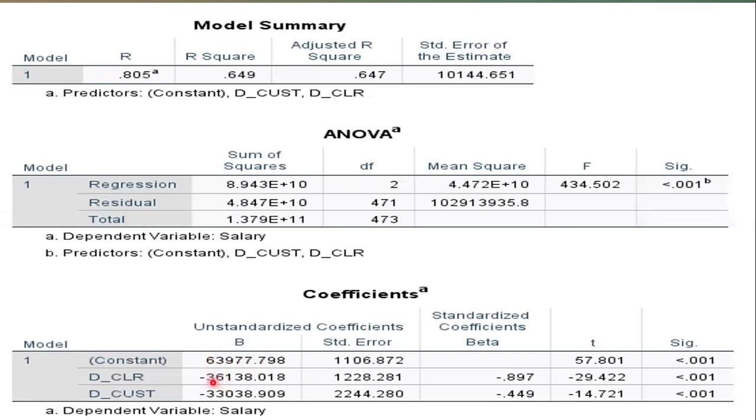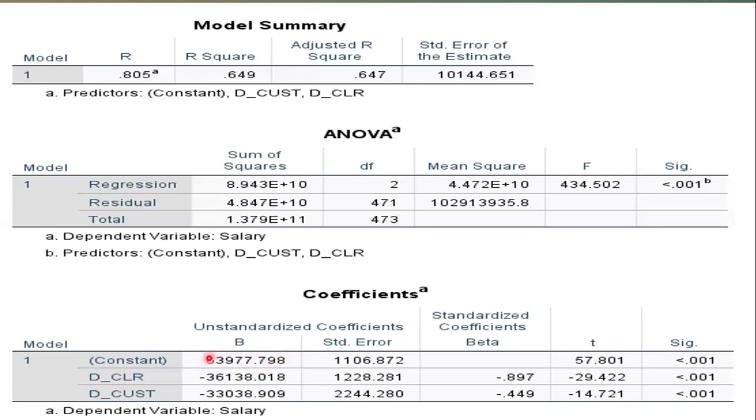So if you see a negative sign with your dummy variable, it means they have decreased in relation to the reference category. And if you see a positive sign or no sign with your dummy variable, it means your values have increased in reference to your reference category. So we can conclude here that the salary of the clerical staff has decreased in reference to managerial salary.